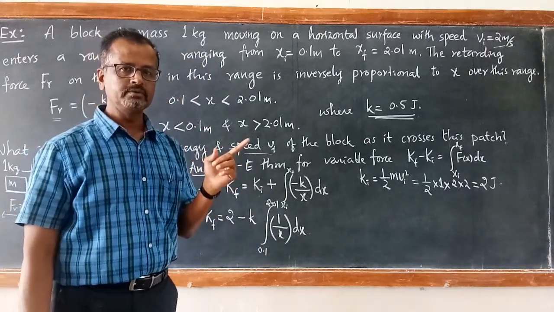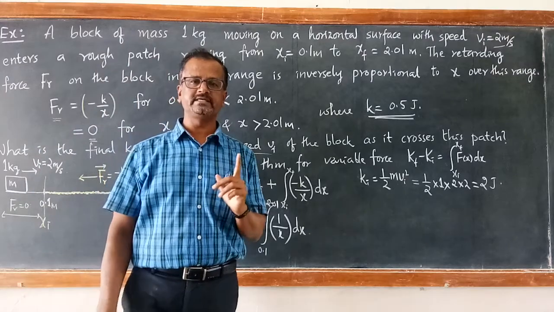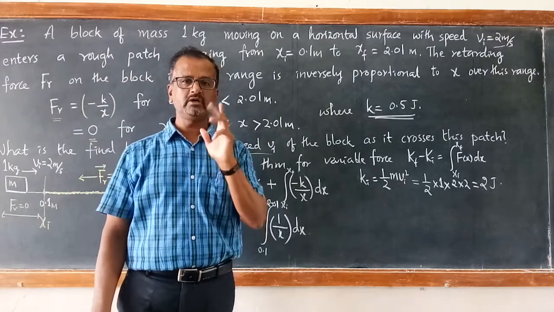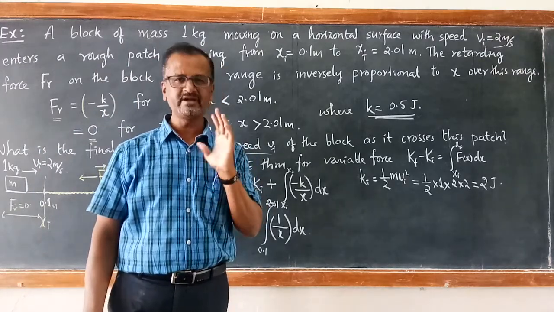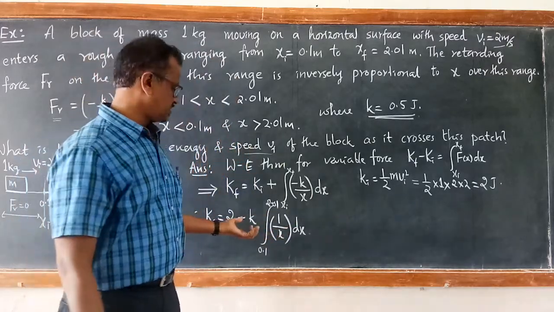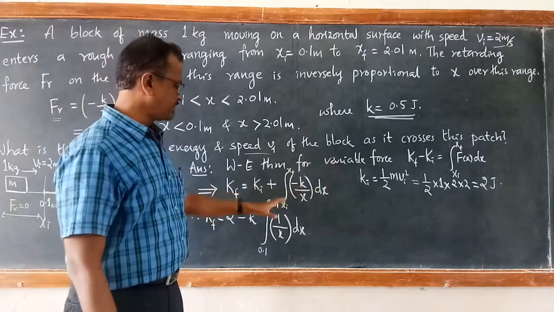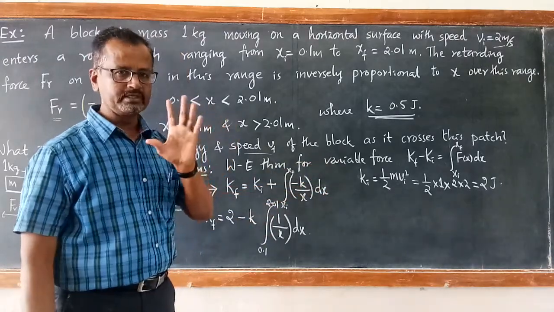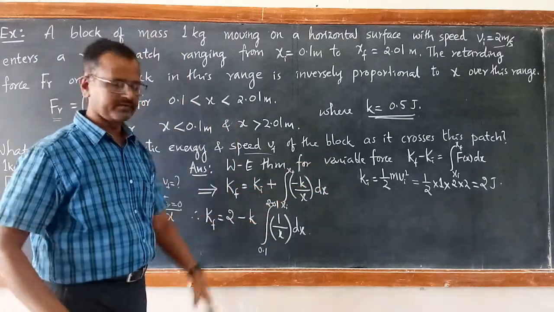Just now I told you integration of 1 by x dx is natural log x. Then we have to apply the upper limit and the lower limit. See it very carefully.